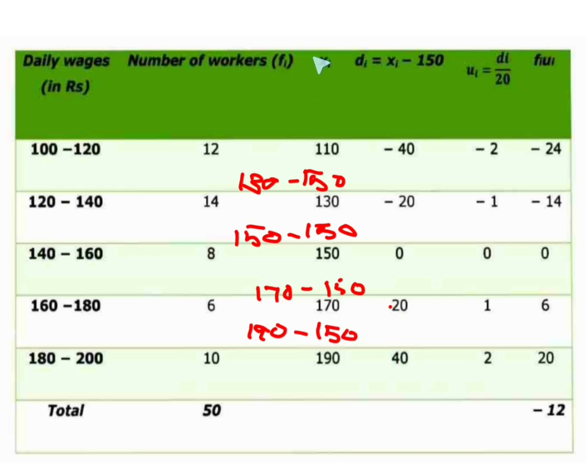So di is equal to xi minus 150: 110 minus 150, 130 minus 150, 150 minus 150, 170 minus 150, and 190 minus 150.